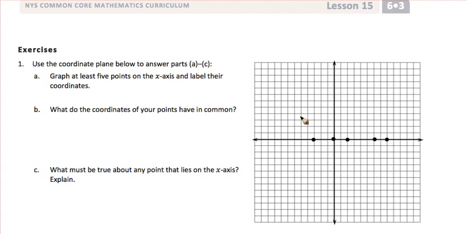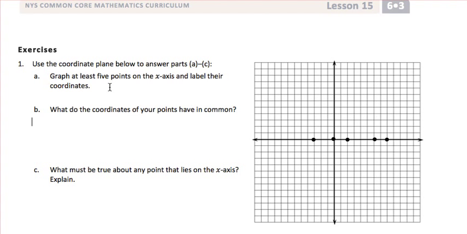There are 5 points on the x-axis. And you should label your coordinates. I could call these A, B, C, D, E. But my coordinates have one very important thing in common.